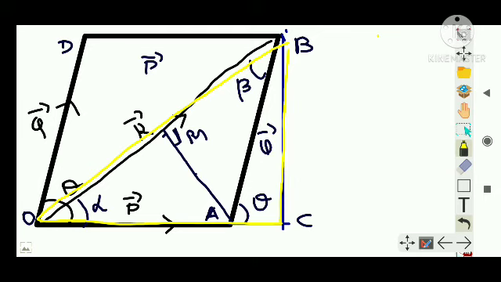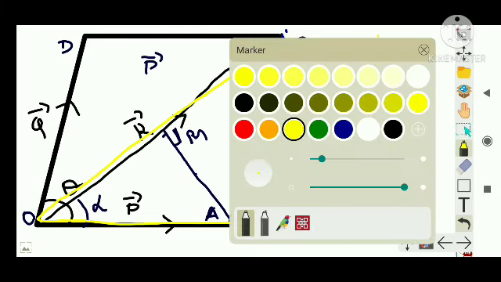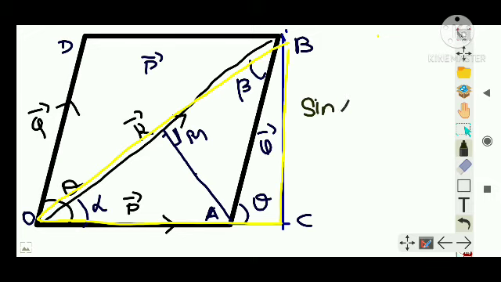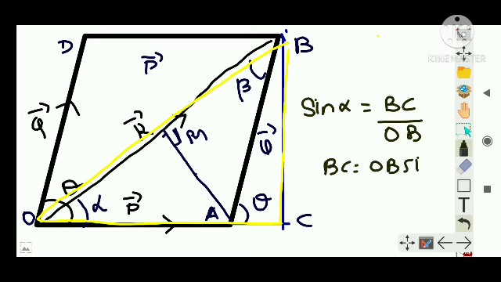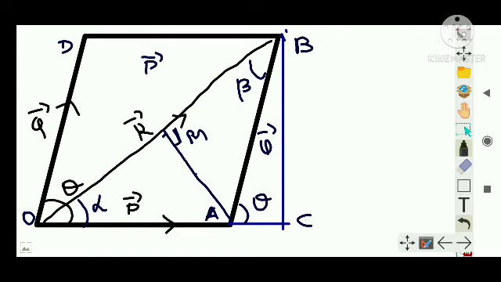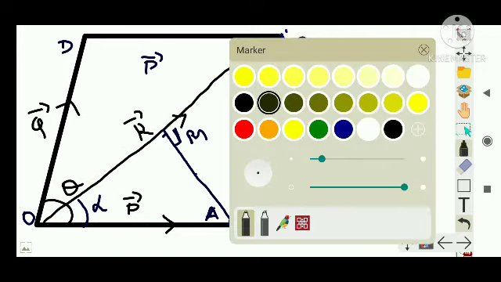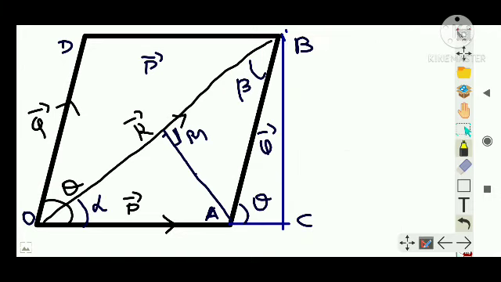Clear? So in OBC, what can I write about sine alpha? Sine alpha is BC by OB, right? Or I can say BC is equal to OB sine alpha. Similarly, now I'm going to remove the entire thing which I have written, so that I can make something else dark. Now I'm going to take another triangle, which is triangle ABC, this one.